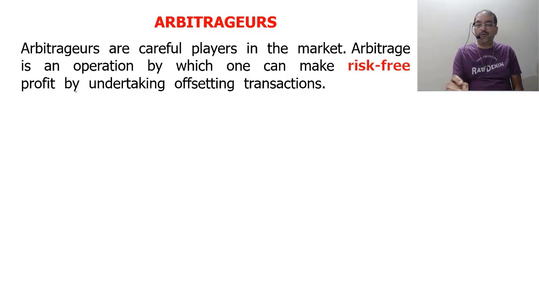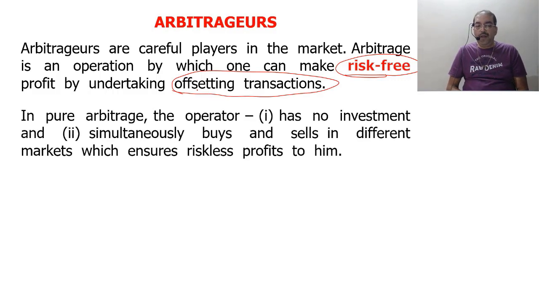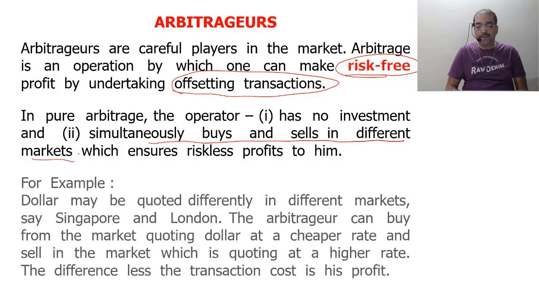It is an operation by which one can make a risk-free profit by undertaking offsetting transactions, buying and selling at the same time. In pure arbitrage, the operator has no investment and simultaneously buys and sells in different markets, which ensures riskless profit for him.